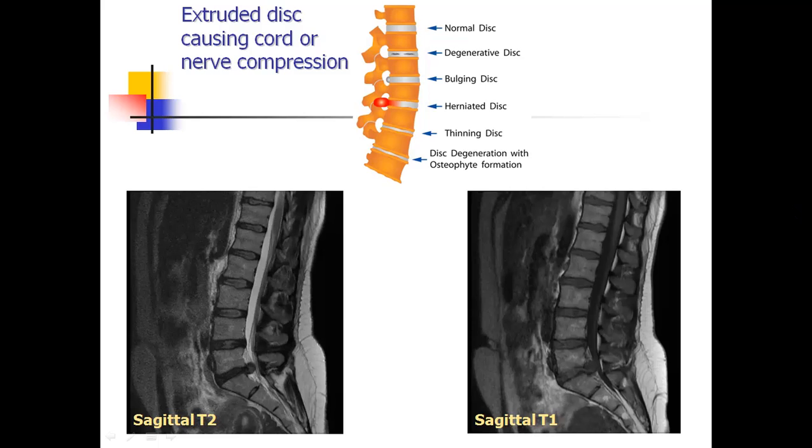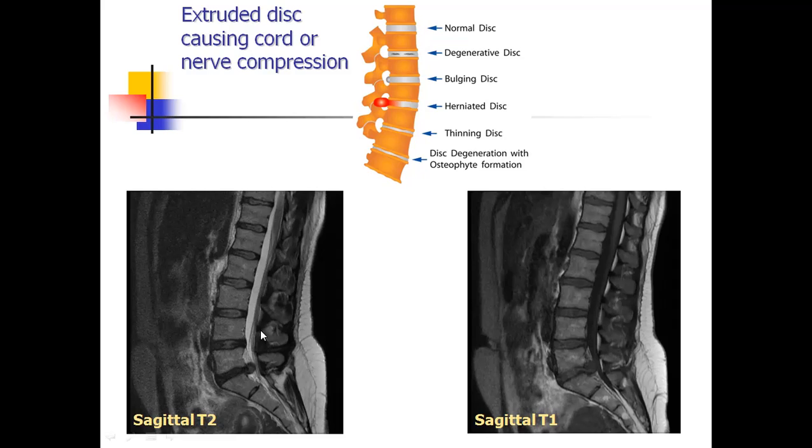Here on the picture, normal disc and different variants of disc pathology are presented as degenerative changes, bulging of disc, herniation, thinning or osteophyte formations, and presentation of spinal cord injury by herniated disc on sagittal T2 and T1 weighted images.